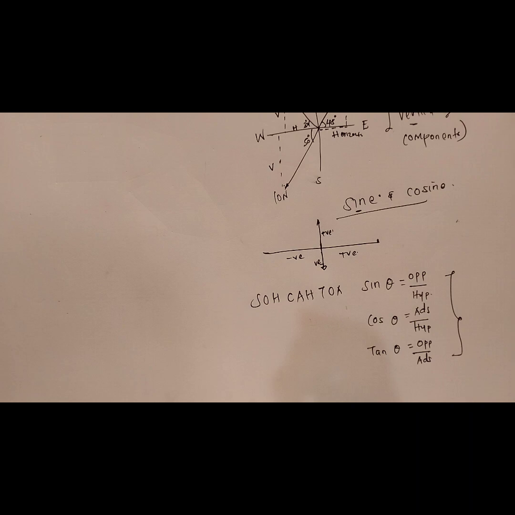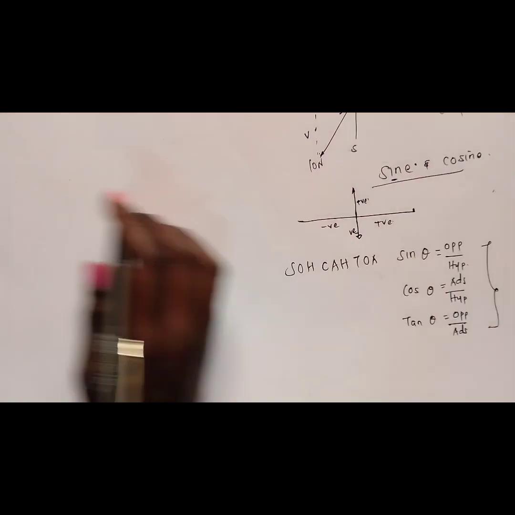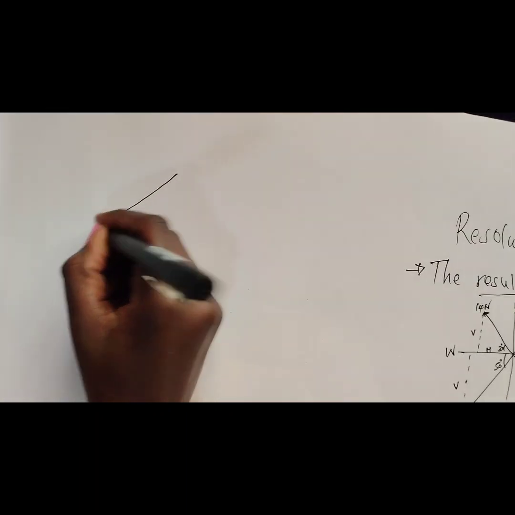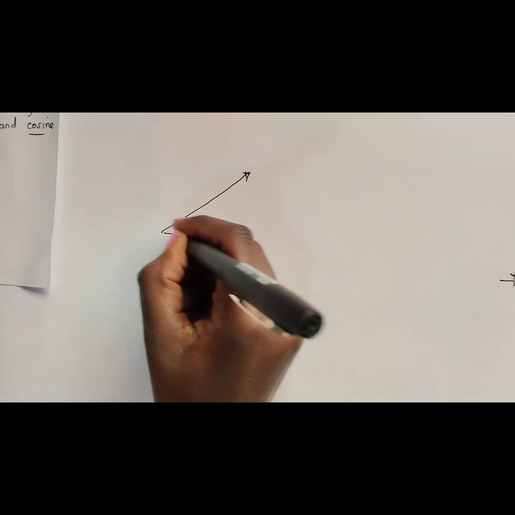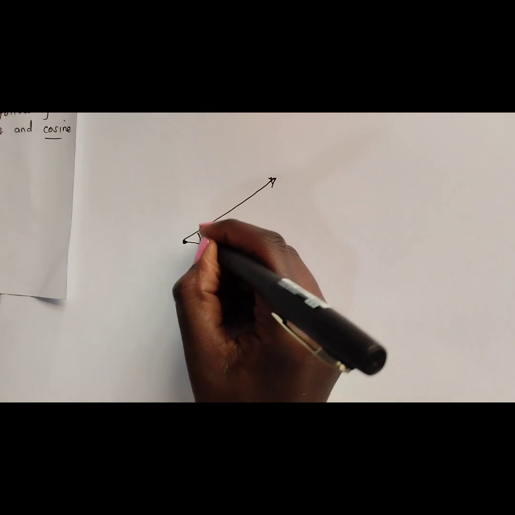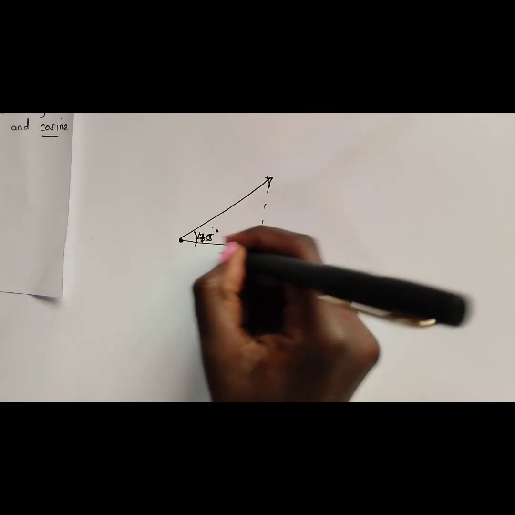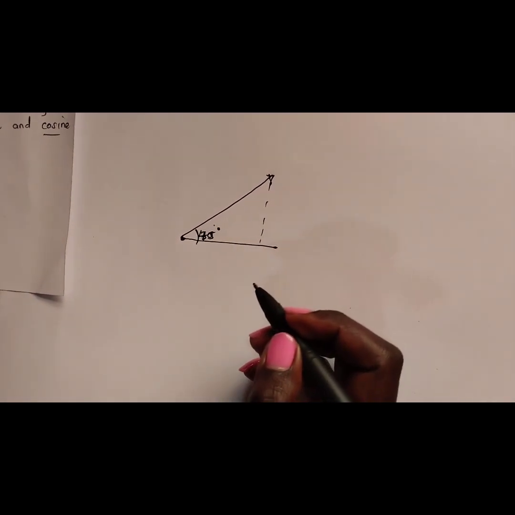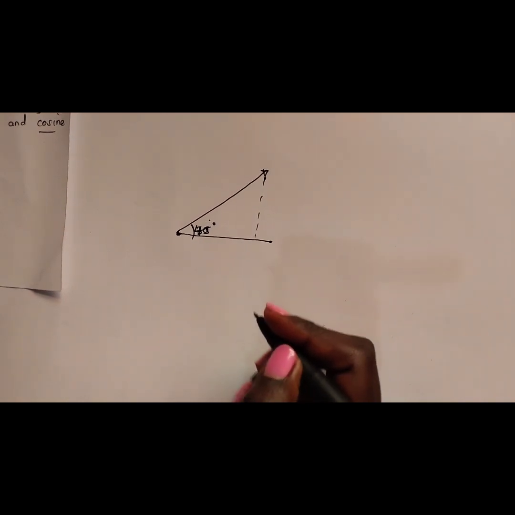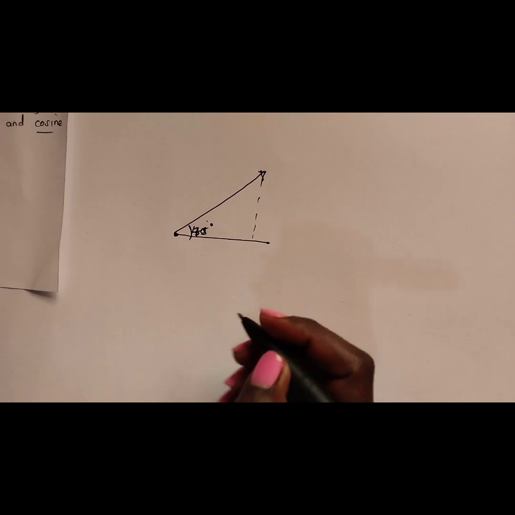Now, I'm going to take one force that is of 20 newtons. This is its vector, like that from the center, and it's inclined at 45 degrees. So its vertical would be here and horizontal here. Now, for all the forces, if we want to find the vertical component, that simply means we will use the sine rule.